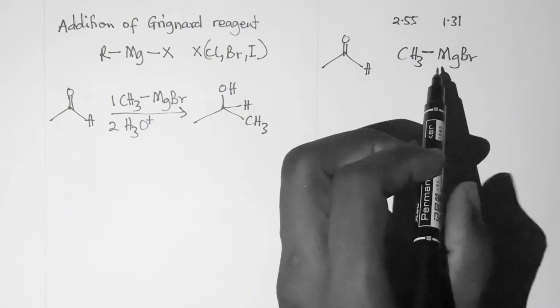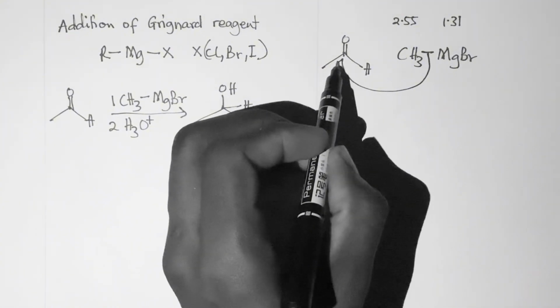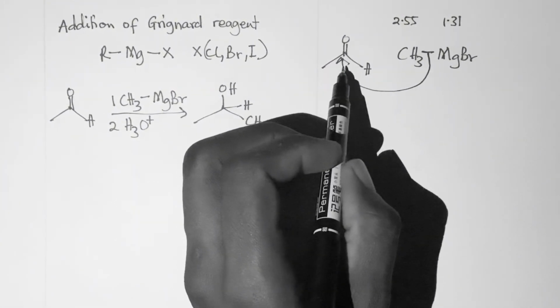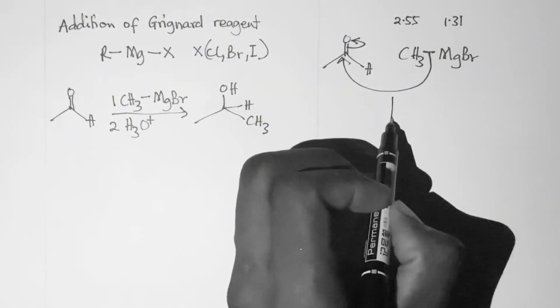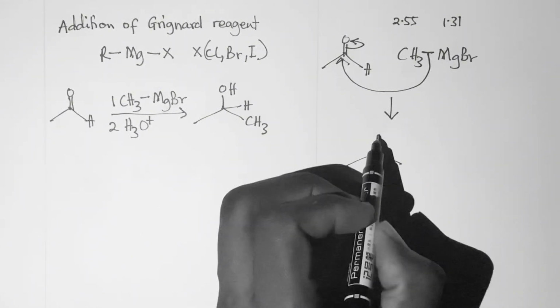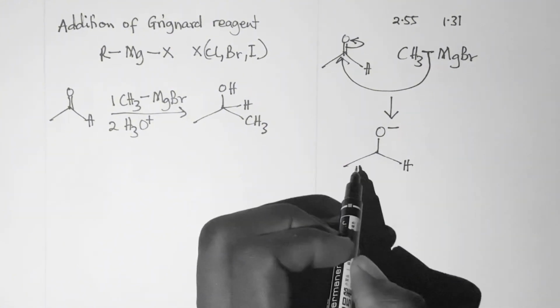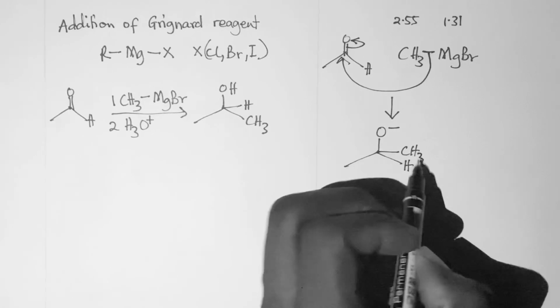So in the first step, this will donate these electrons into this carbon center, moving these pi bonds to the oxygen. This is the intermediate we are going to form in solution. We are going to get this proton, and then this is the CH3.